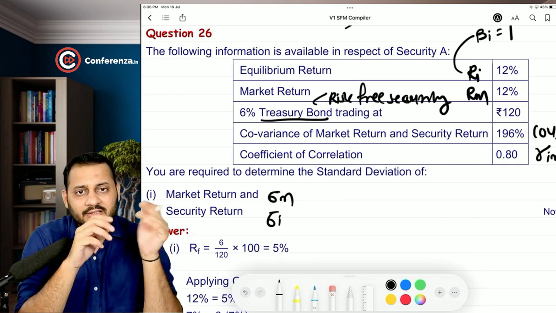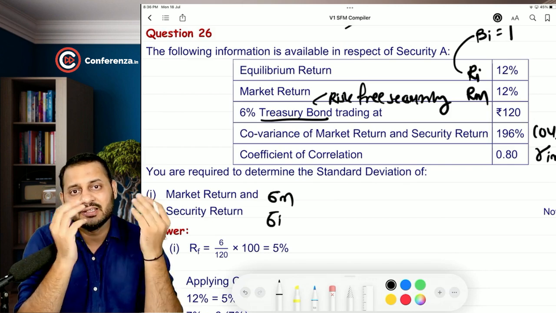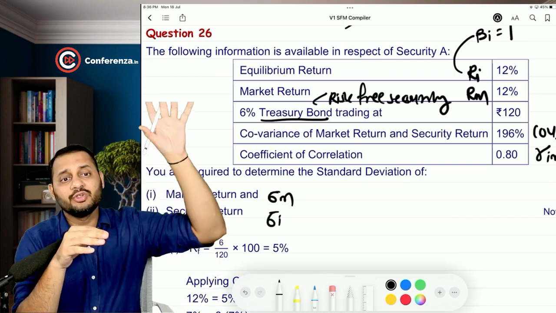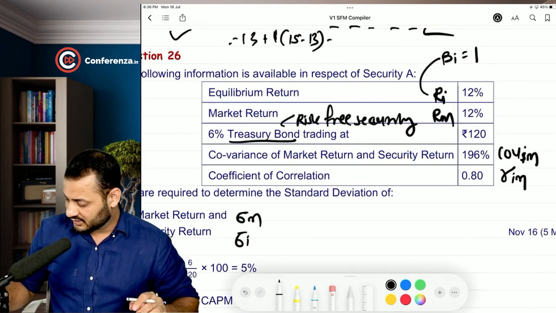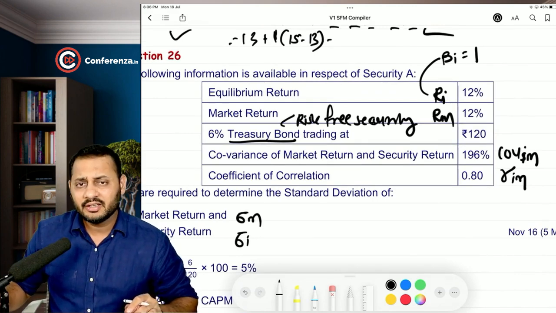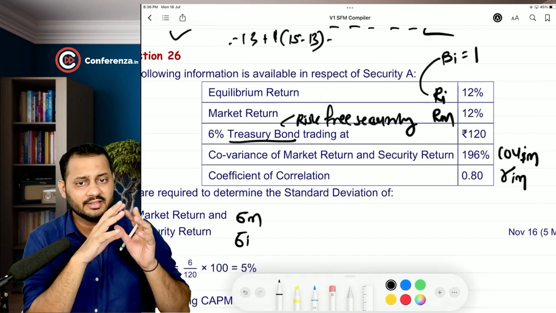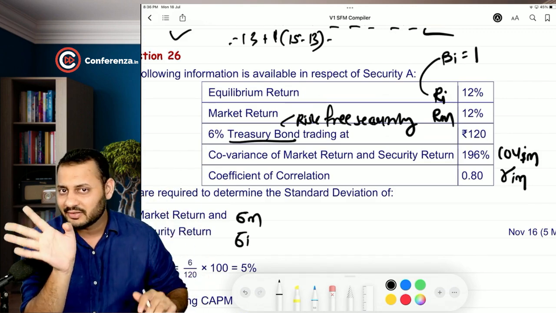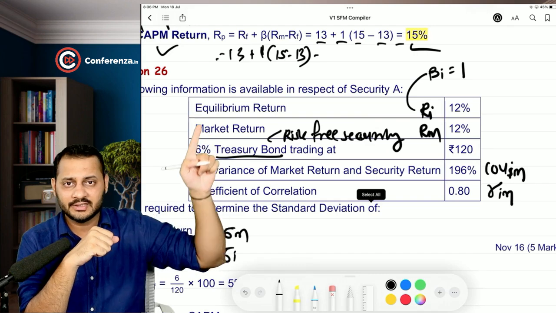Calculating the standard deviation was like this: Ri minus bar Ri, then square, then probability, then summation or divided by n. But no such data has been given in this question. But you can clearly understand that some data is given from which you can indirectly calculate the standard deviation. First of all, let's take the beta as 1.